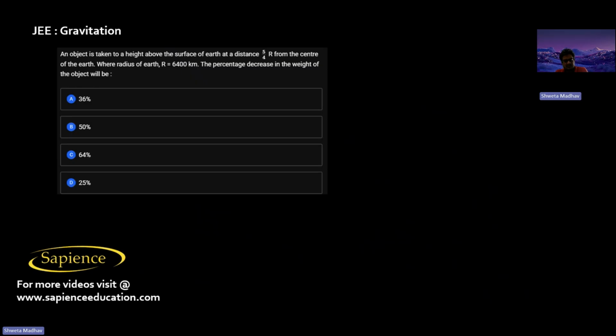Then it is told that an object is taken to a height above the surface of Earth at a distance of 5r by 4 from the center of the Earth.